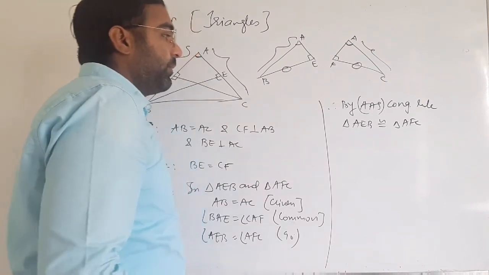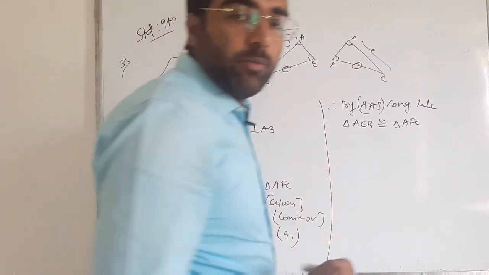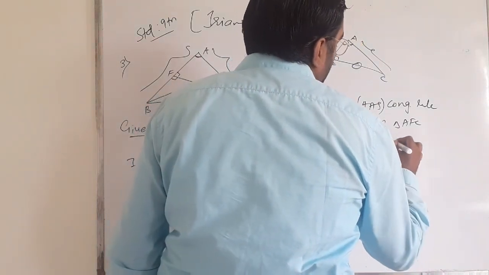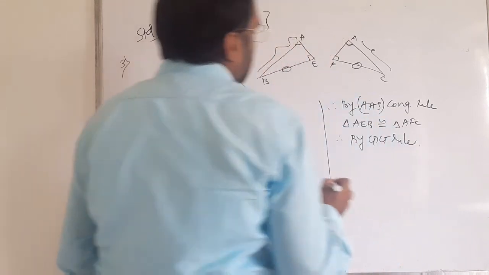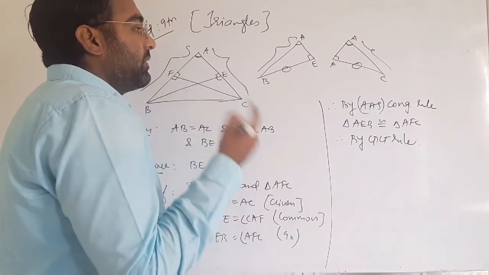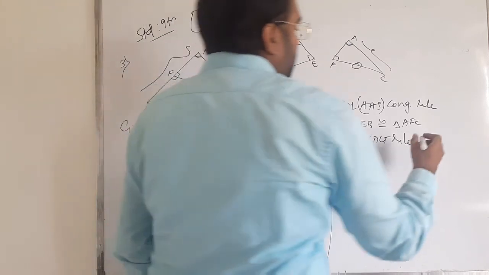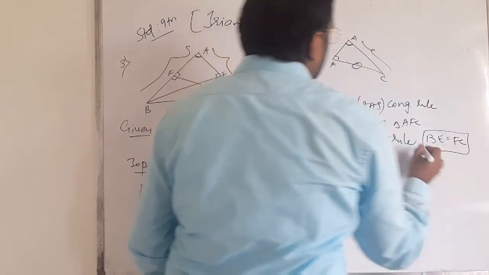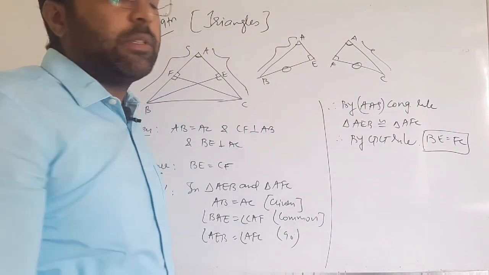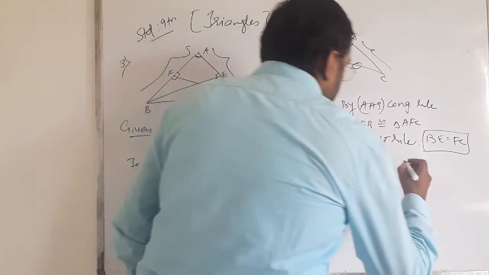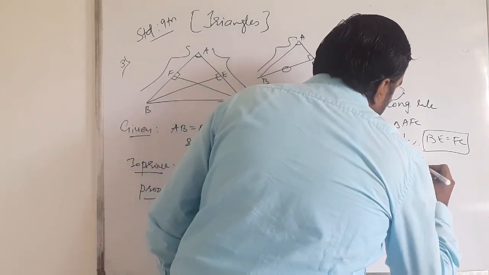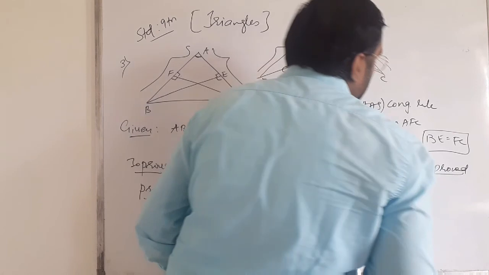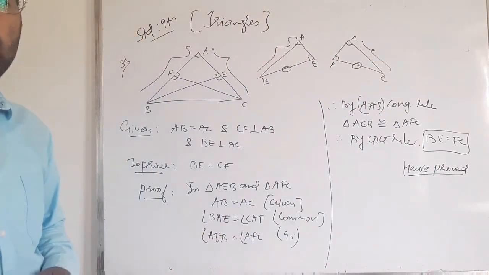So therefore by CPCT rule, BE is equal to FC. Their corresponding parts of the congruent triangles, BE and FC, are equal. Hence proved. Here our sum is proved, so that's why we write hence proved. Clear?